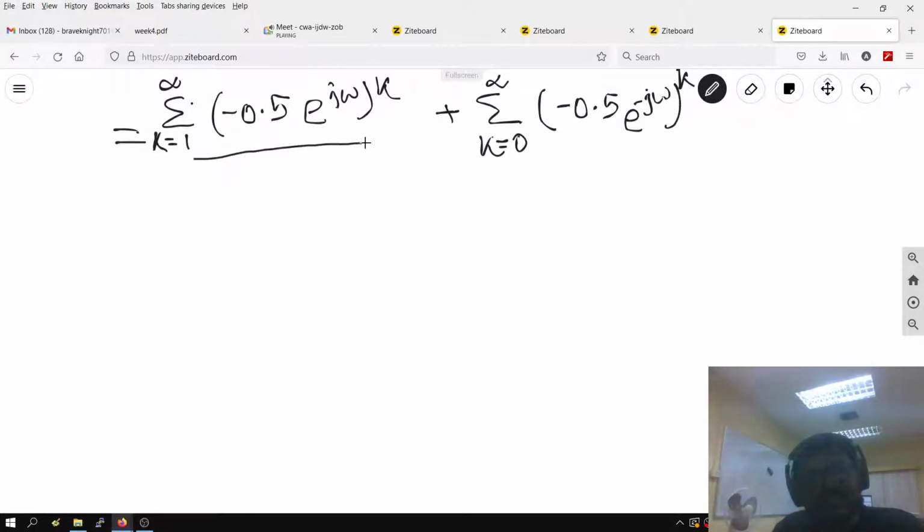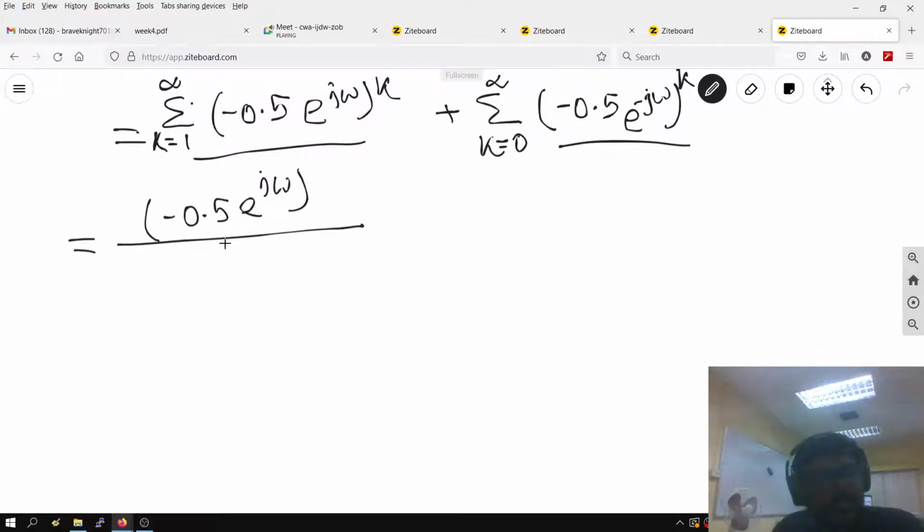So this is a GP series and this is also a GP series. So it becomes minus 0.5 e to the power j omega by 1 minus 0.5 e to the power j omega.